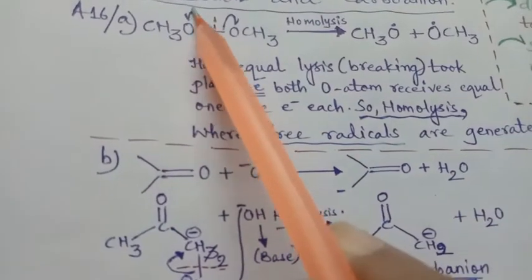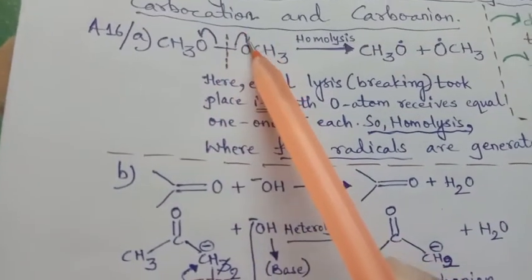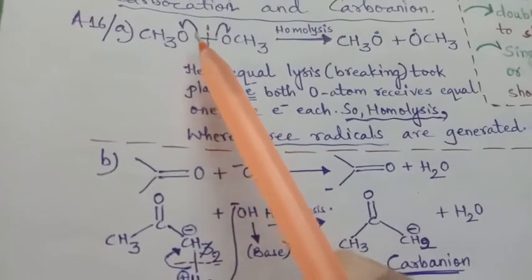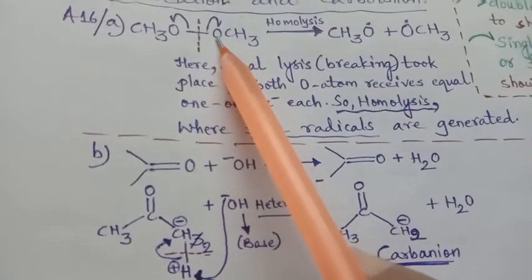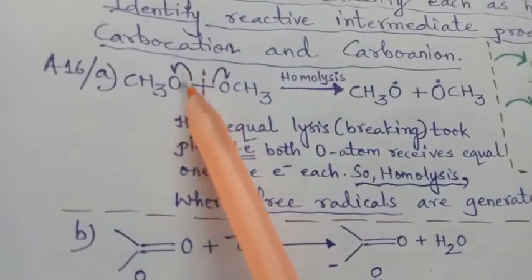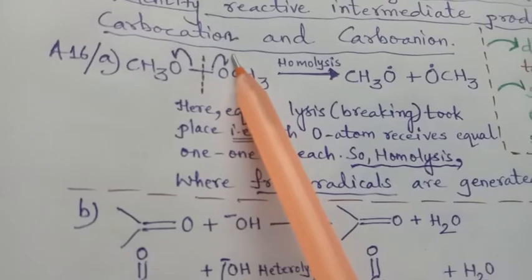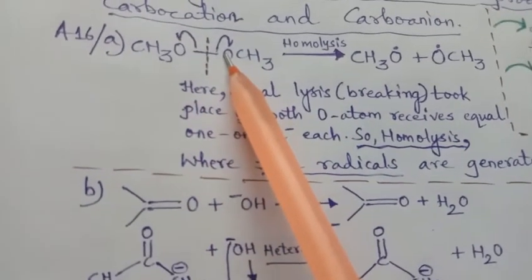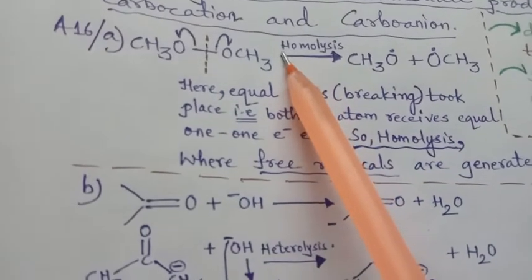So this will receive one electron, and similarly this will also receive one electron. When both the atoms are receiving a single electron, we show them by a fish-hooked arrow, that means a single hooked arrow. And if this one-one electron shifting takes place, then it is called homolytic cleavage.